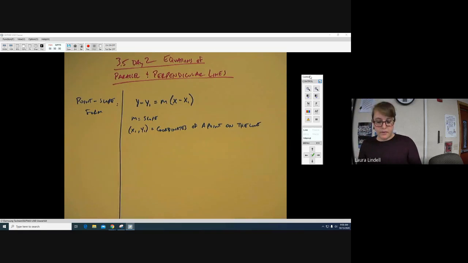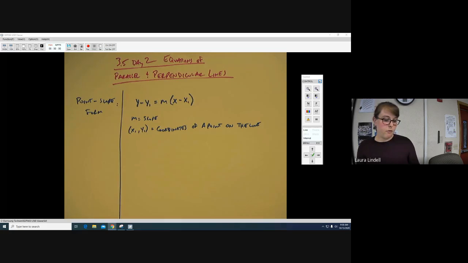Okay, so we might have seen point slope form before, we might not have. And it works very similarly to slope-intercept form that most of you have probably seen before and are used to. And this one's going to be helpful to us today because we're going to be given, in a lot of cases, a point and a slope. And if you have a point and a slope, point-slope form is really easy to use. So that's probably going to be the one that makes a lot of sense for most of us today.